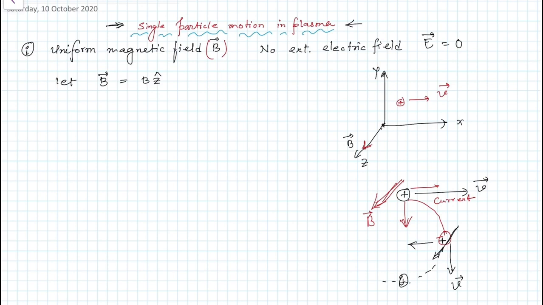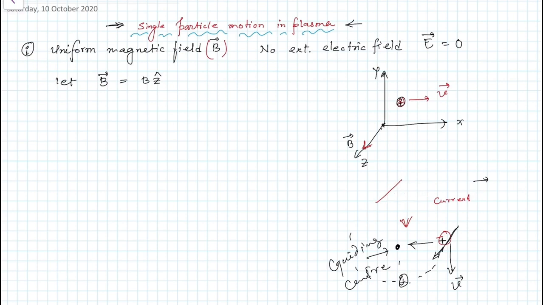That's how it will take a circular path. If it is a circular path there must be a center, which is known as the guiding center. So we can determine the direction of the force acting on this charged particle using Fleming's left hand rule. Hope you have understood this.